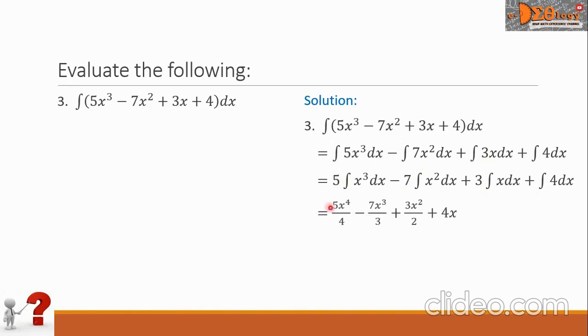So we have now 5x raised to 4 all over 4 minus 7x raised to 3 over 3 plus the constant 3 and then x with power 2 over 2 plus 4 with the x, and then we will add the plus c. This is now the final answer.